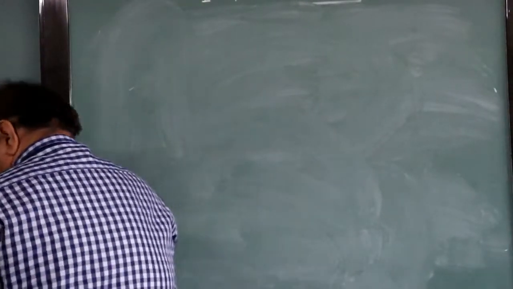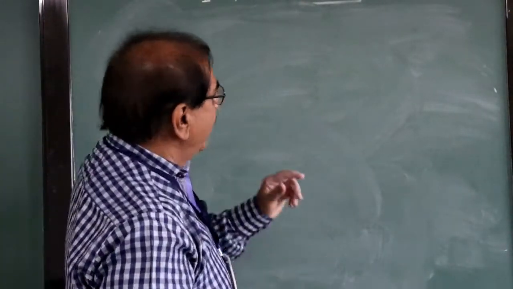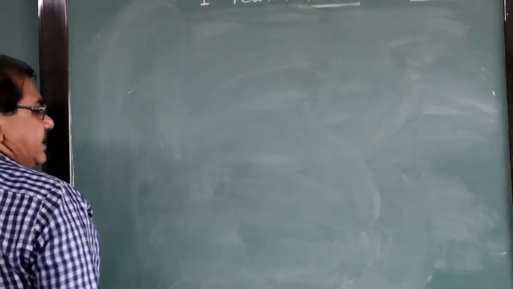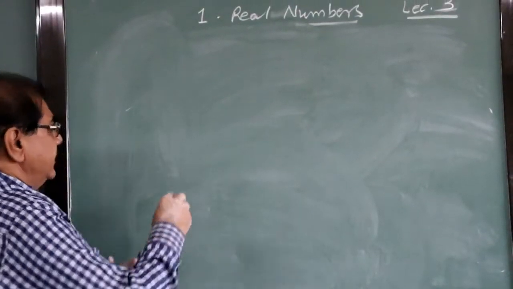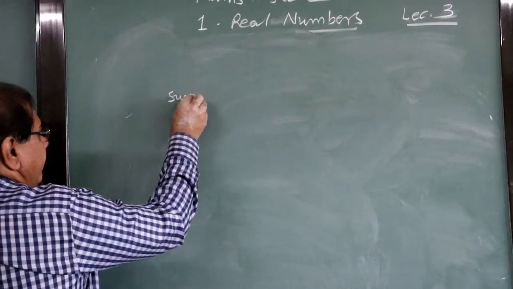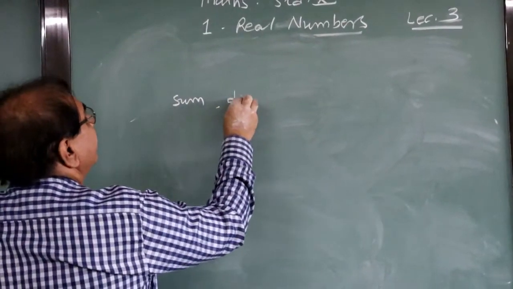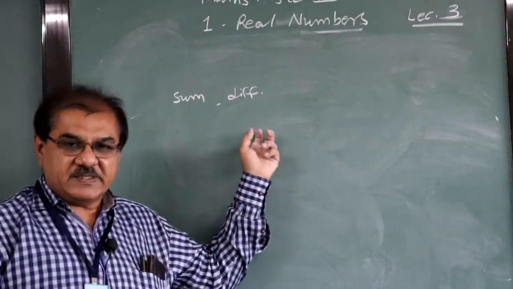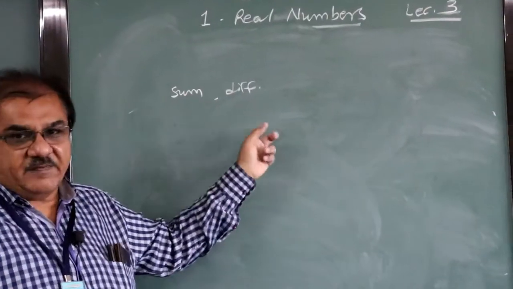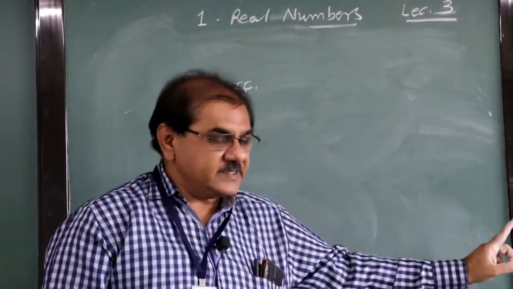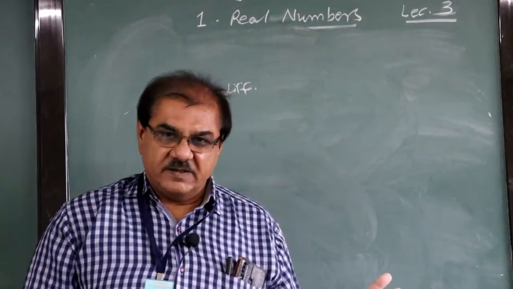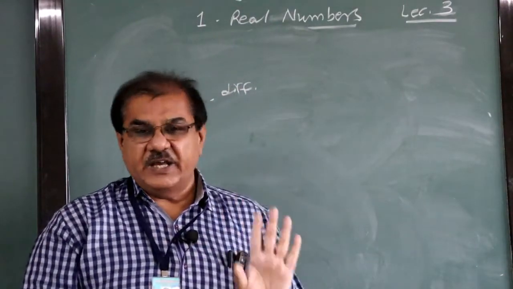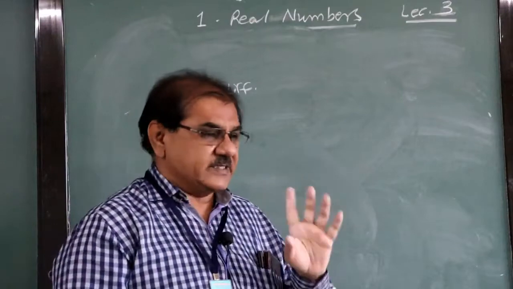Similarly, we have one more type of number like this, because we have some properties of sum and difference. Sum means addition, difference means subtraction. The sum and difference of one rational and one irrational is always an irrational number, which we have studied in standard 9.